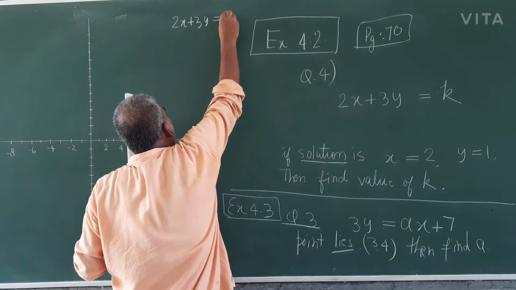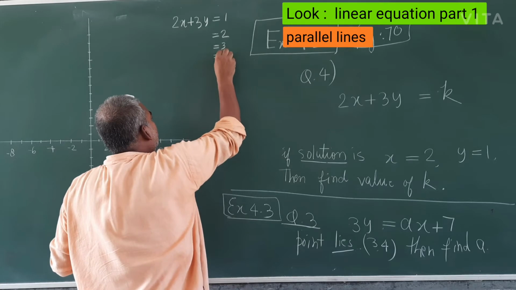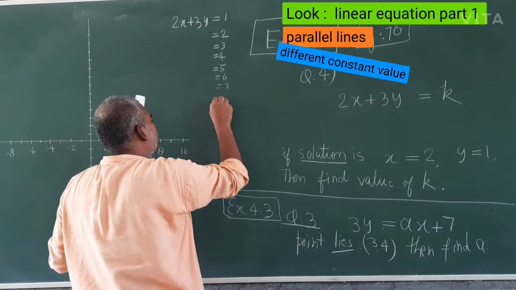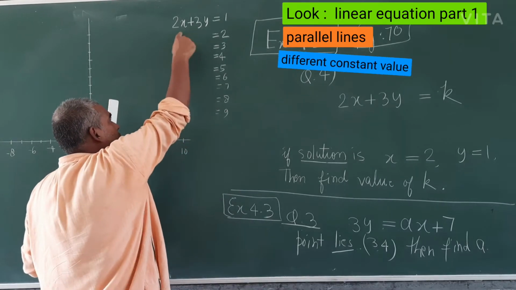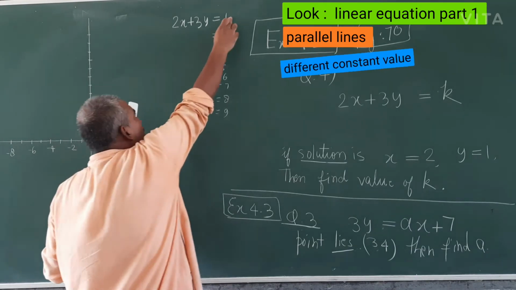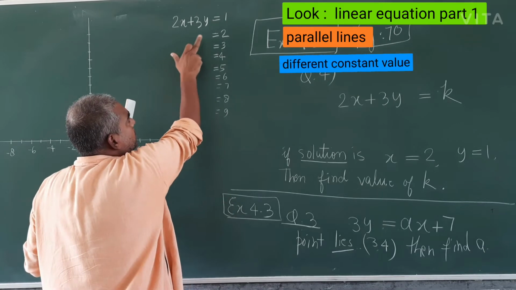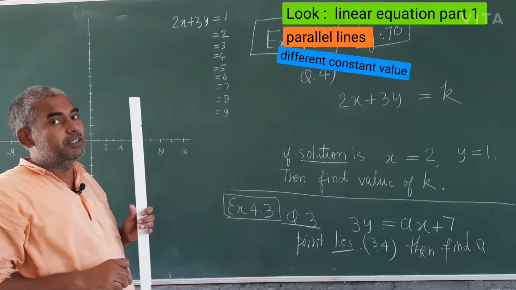Suppose I start from 1, then 2, 3, 4, 5, 6, 7, 8, 9. If I keep 2x plus 3y constant and only change the value of k, just like 2x plus 3y is equal to 3, you will see this in the first video, where I have shown it.